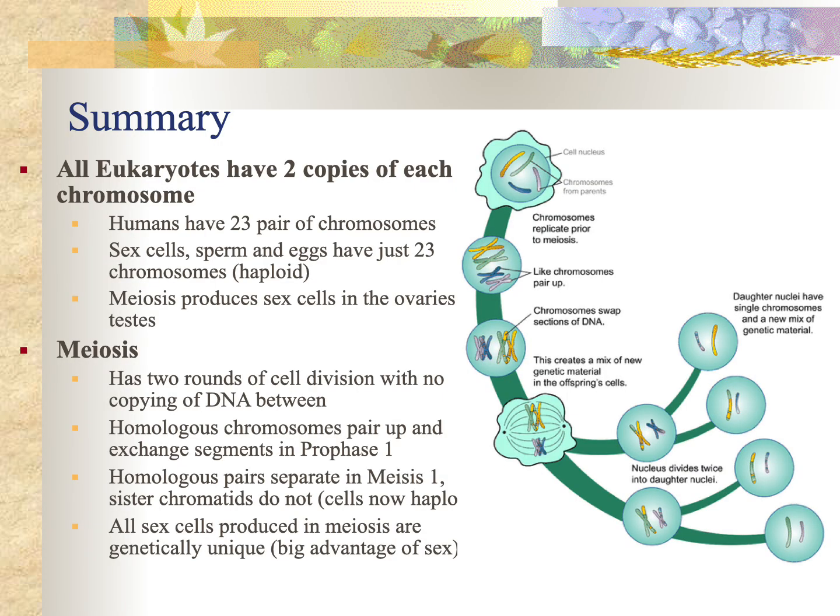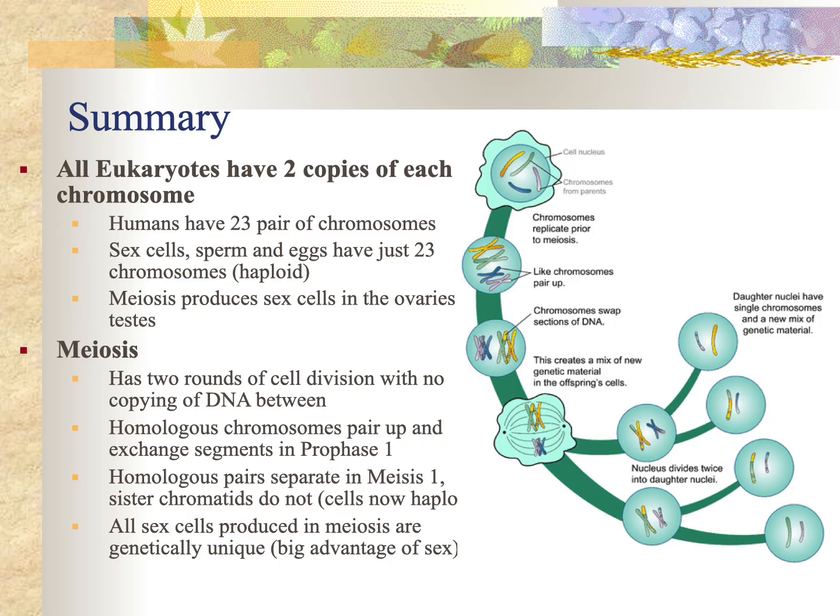So to summarize, all eukaryotes have 2 copies of each chromosome. Humans have 23 pairs of chromosomes. The sex cells in humans, sperm and egg, have just 23 chromosomes and are haploid. Meiosis produces the sex cells in the ovary, and meiosis has 2 rounds of cell division with no copying of DNA between.